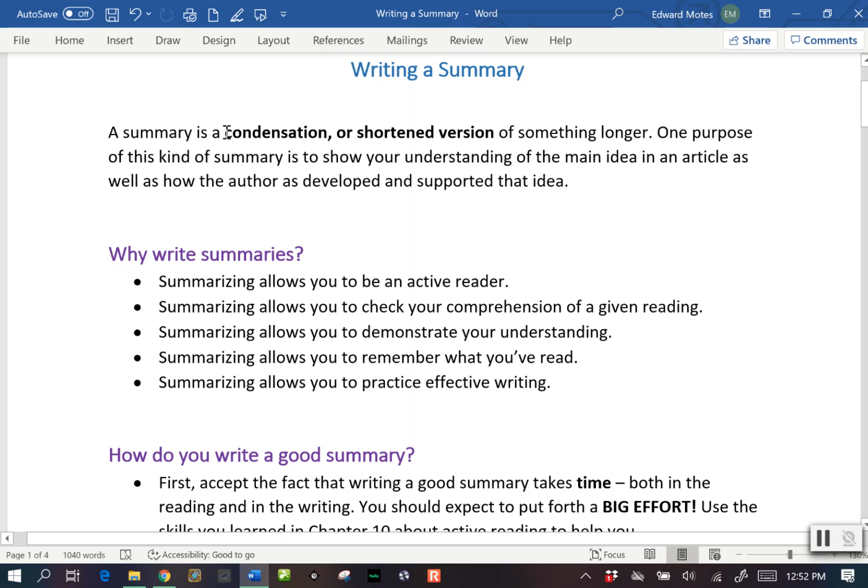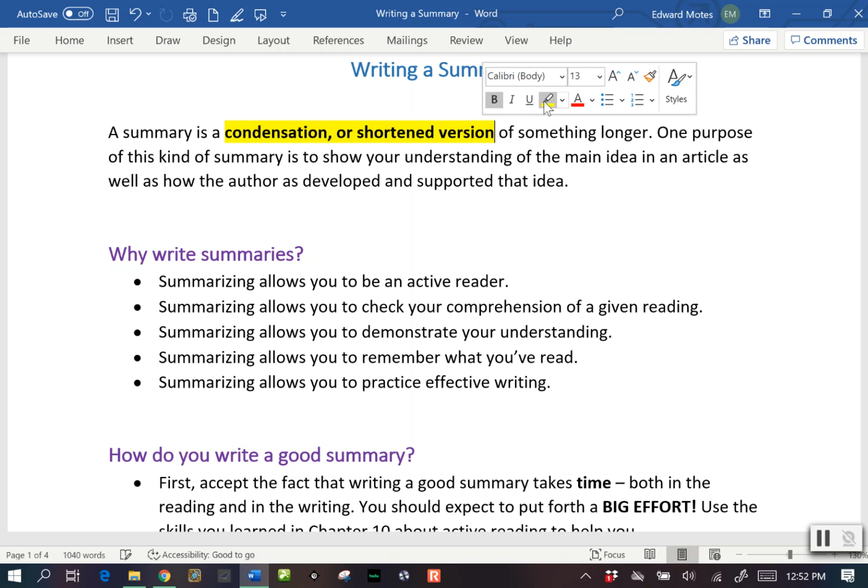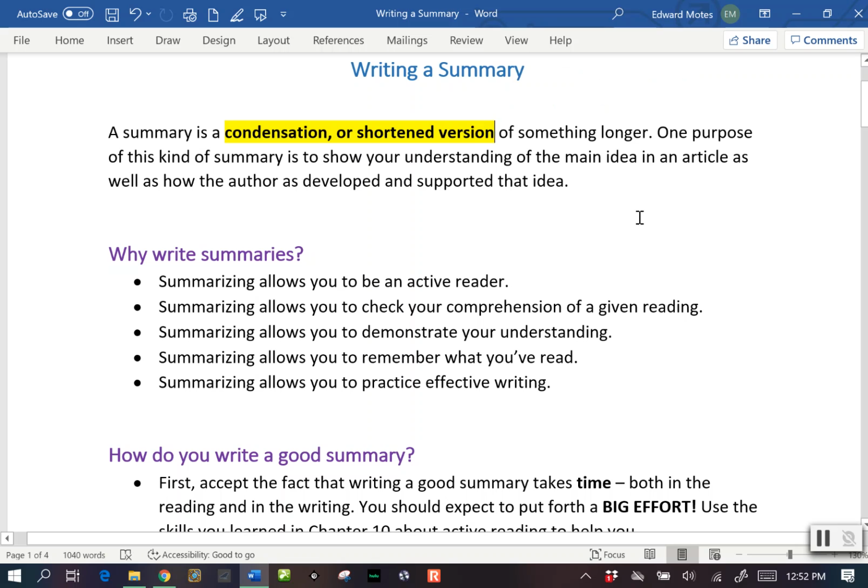Remember, a summary is a shortened version of something larger. Let's take, for example, if you went to the movies, saw the newest Avengers movie, and a friend asked you what it was about, you were going to give them a short summary of just the important parts. So why do we write summaries?